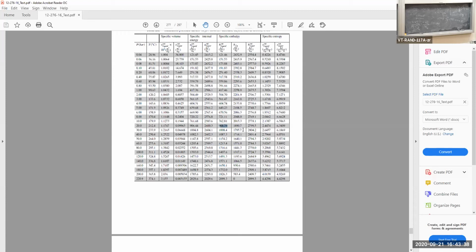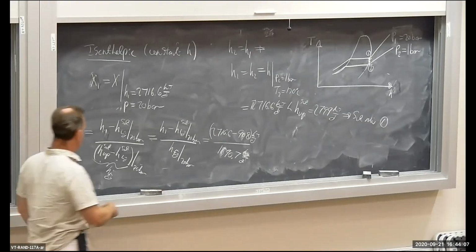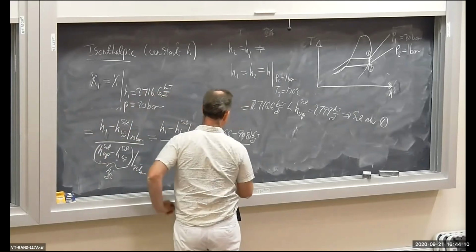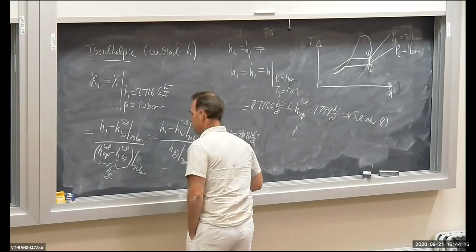And then we have HFG, the enthalpy change from fluid to gas, 1890.7 kilojoule per kilogram. Kilojoules per kilogram cancel out.